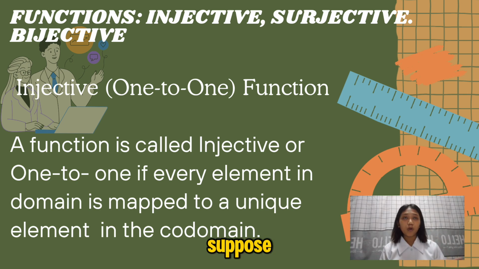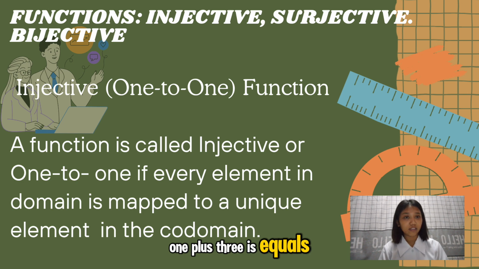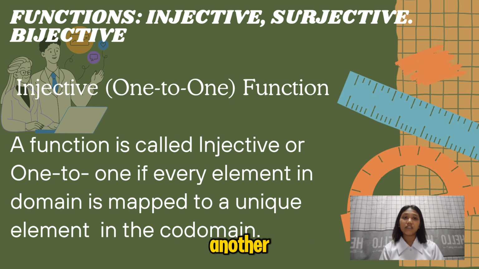For example, suppose we have a function f(x) equals 2x plus 3. Let's test some values. If x equals 1, then f(1) equals 5. Why? Because 2 times 1 plus 3 equals 5. If x equals 2, then f(2) equals 7, because 2 times 2 is 4, plus 3 equals 7.